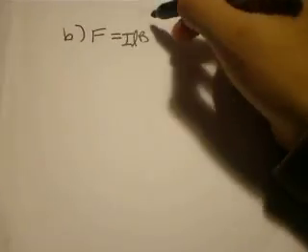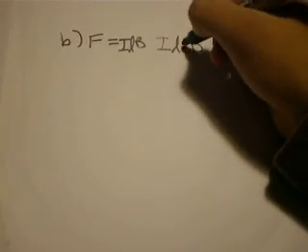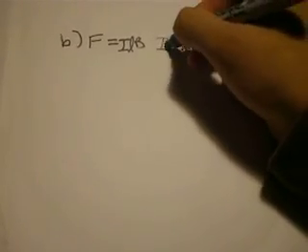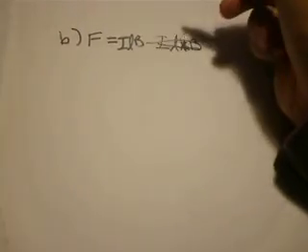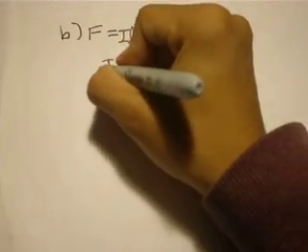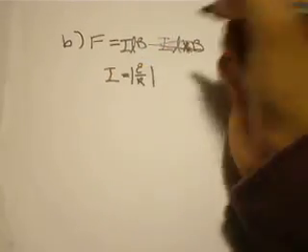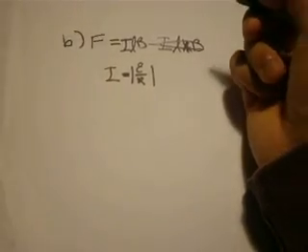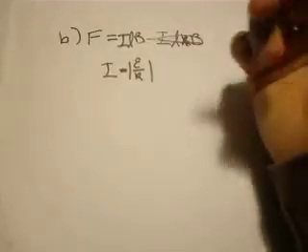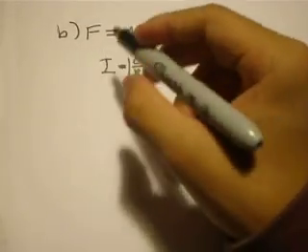Well, it would be I L cross B, but it doesn't matter. It's just F equals BIL. And we also know that I equals E over R from our table of equations. It has the absolute value because current can't go backwards, and we need a positive value for this.